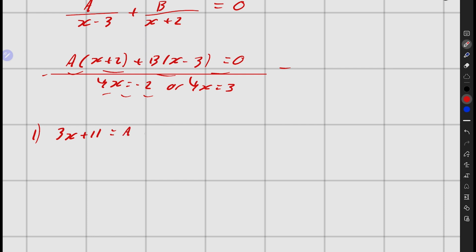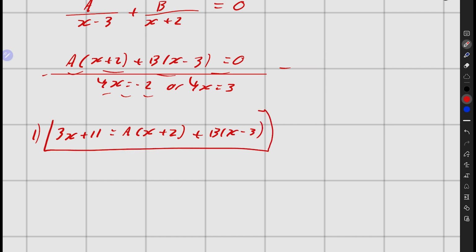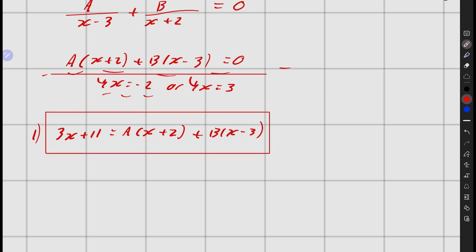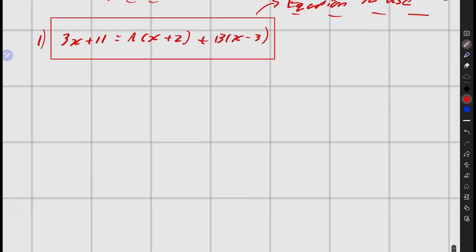So that's going to be equal to a multiplied by x plus 2, plus b multiplied by x minus 3. That's the equation you're going to be working with most of the time. Again, if you had multiple products, you'd be adding in another one, c.